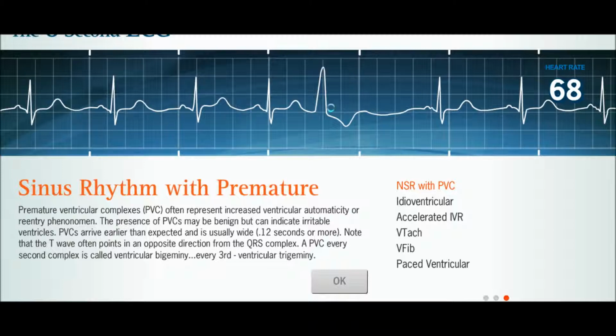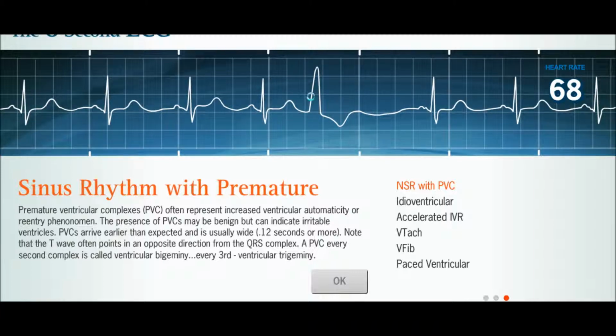So essentially this is just an ectopic, or a specific part of the heart that is depolarizing that's not supposed to depolarize. And when it depolarizes, it sends its signals in all directions, which can depolarize all of the cardiac muscle. That's not good. Just make sure you recognize these. This is a big red flag.